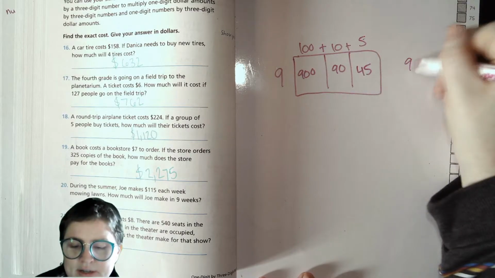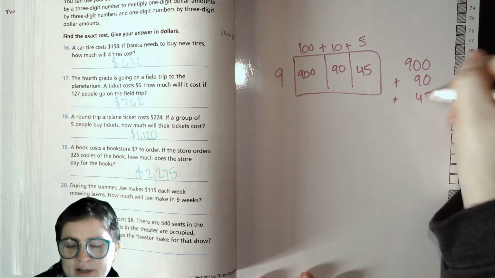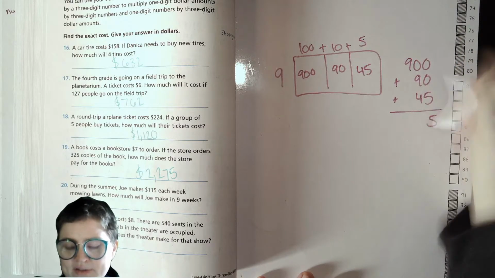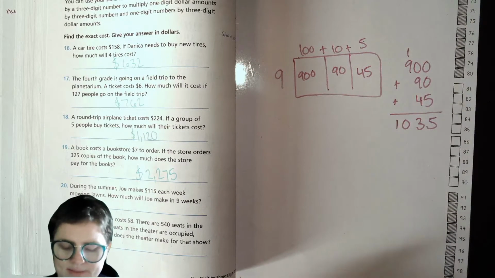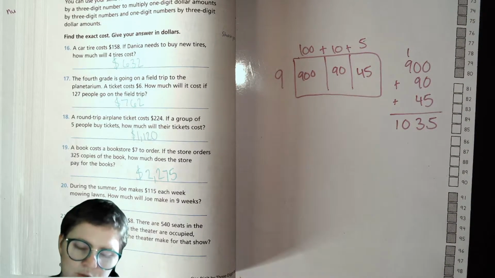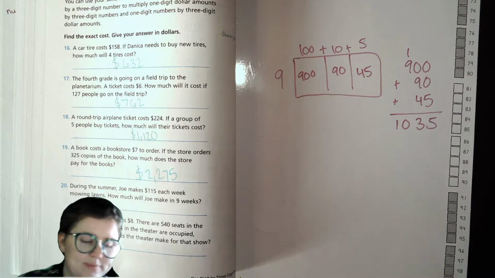So 900 plus 90 plus 45. Okay, so $1,035. That's pretty good.